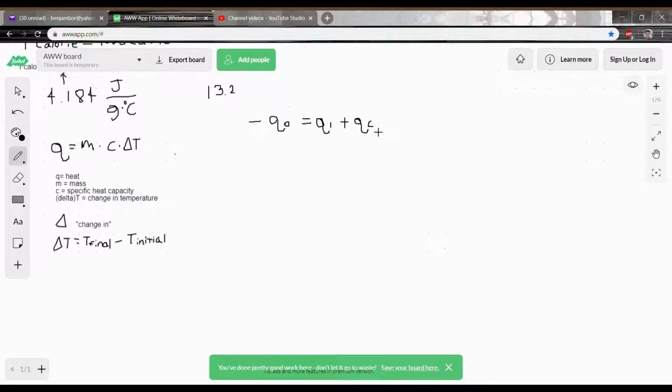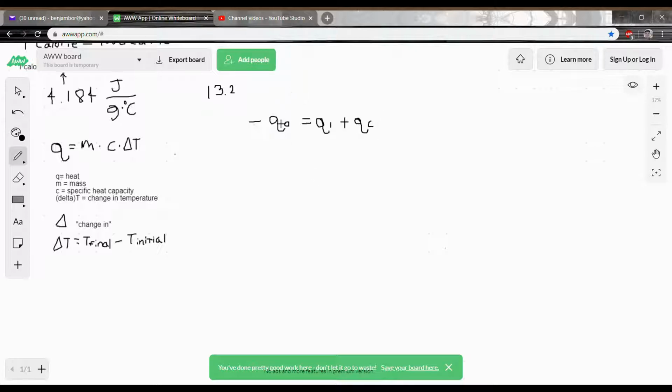So we're going to use this relationship in equation 13.2, but first there's another pink box on page 396 that we're going to read. In a calorimetry experiment, the temperature of the liquid and the calorimeter are always the same. In addition, the final temperature of the liquid, calorimeter, and object are all the same.